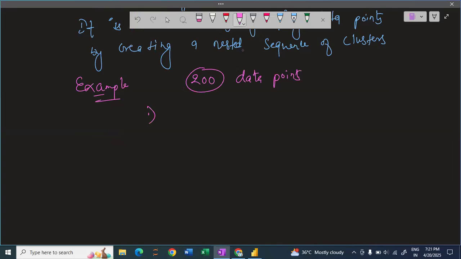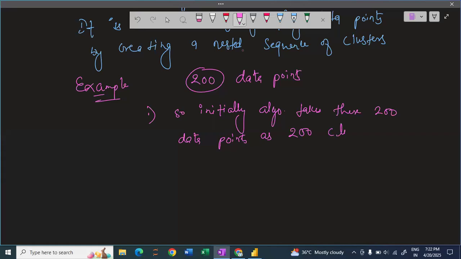So initially we have a total of 200 clusters, equal to the number of data points.